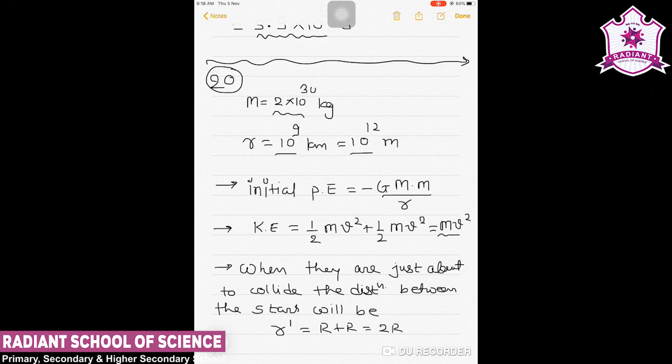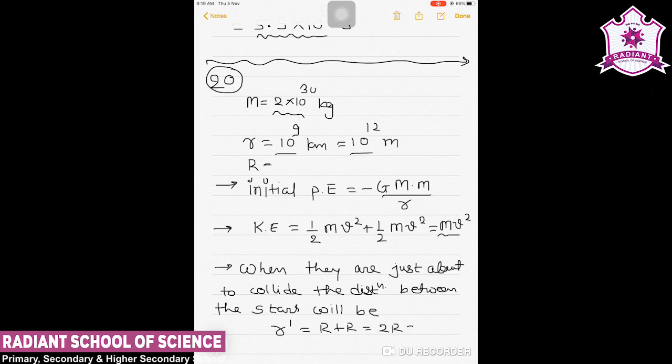Here they have given the radius of each star, 10 raised to 4 kilometer.